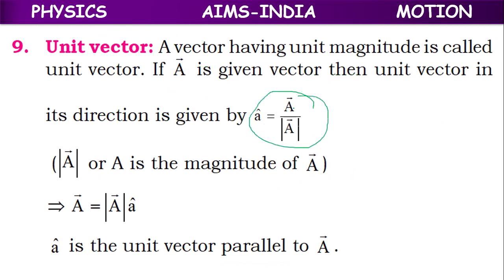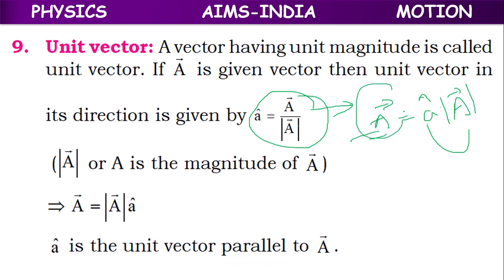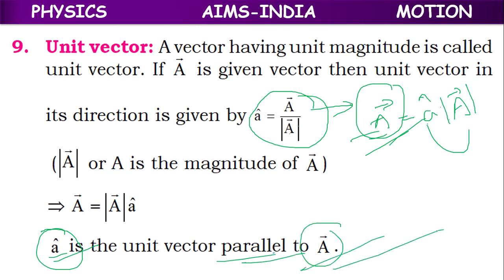From this equation we can come to another conclusion: A bar, the original vector, equals its unit vector into its magnitude. If you multiply the unit vector by its magnitude, we will get the complete vector. So the unit vector is always parallel to the original vector.